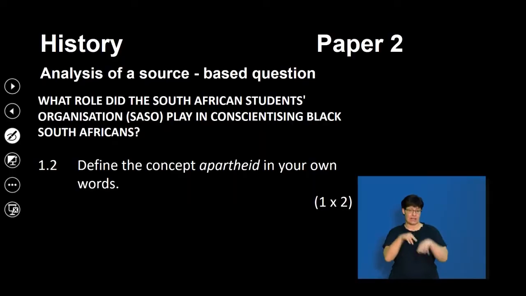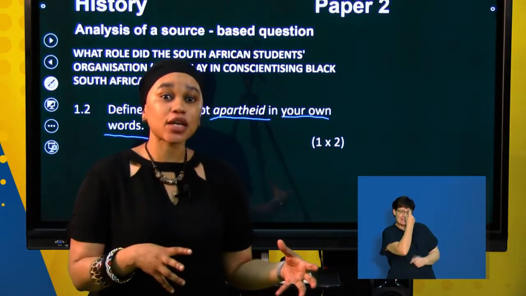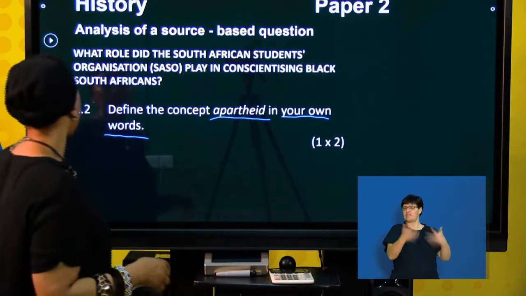Okay, so you remember this question, define the concept of apartheid in your own words. So what you'll find is that apartheid will appear in the source, but it will not be defined. So you need to show your own understanding of having studied this section, okay, of what apartheid was.